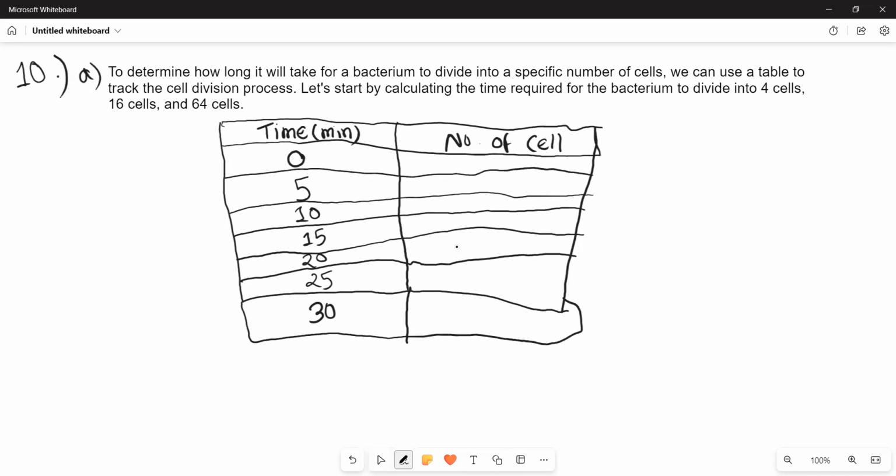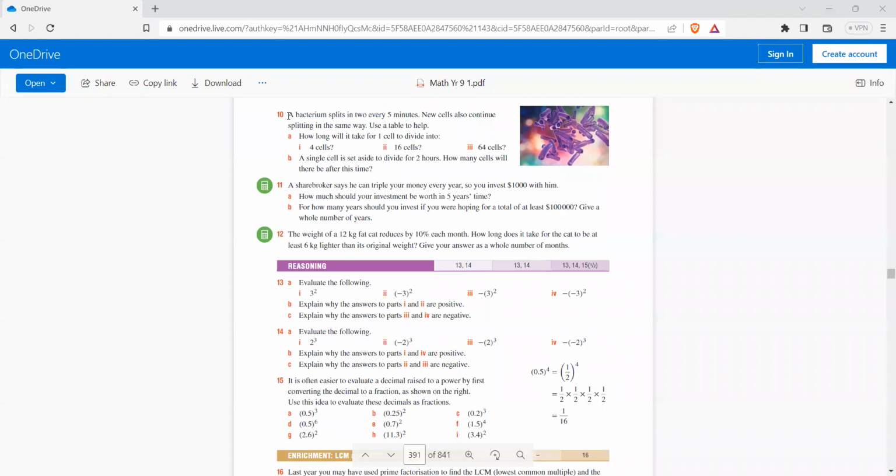Right? So, as mentioned in the question, look carefully. The question has mentioned that a bacterium splits in 2 every 5 minutes. It means it splits into 2 parts, so every 5 minutes it actually breaks down into 2 parts, right? Read the question carefully, you will get the thing.